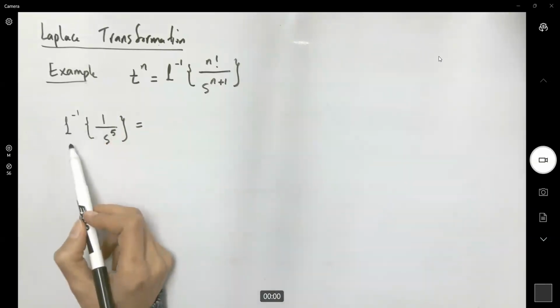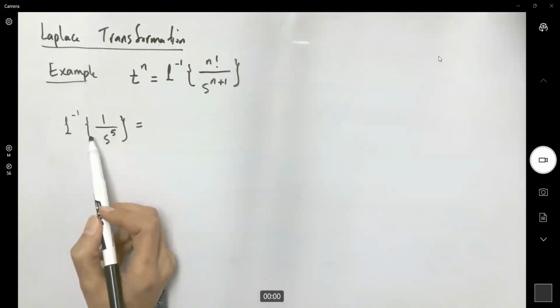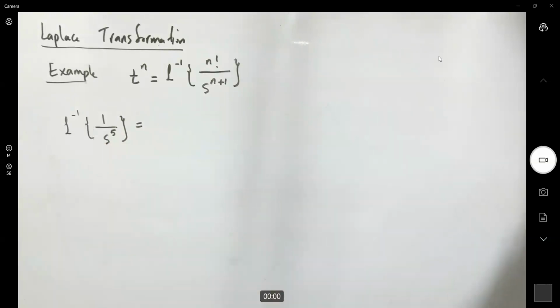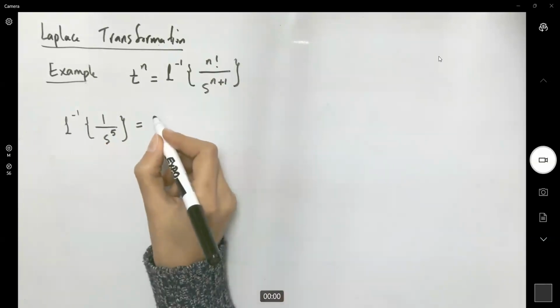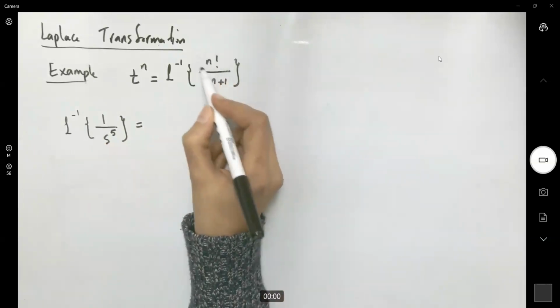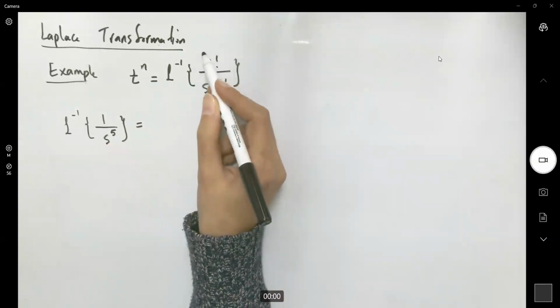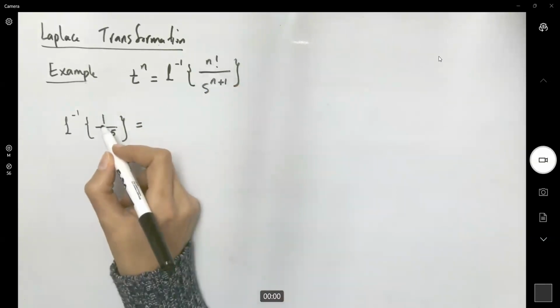The inverse Laplace of 1 over s to the fifth can be written as, well, take a look at this. N factorial is just a number and it is missing from the numerator.